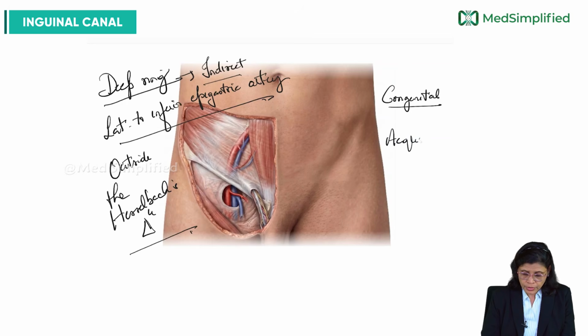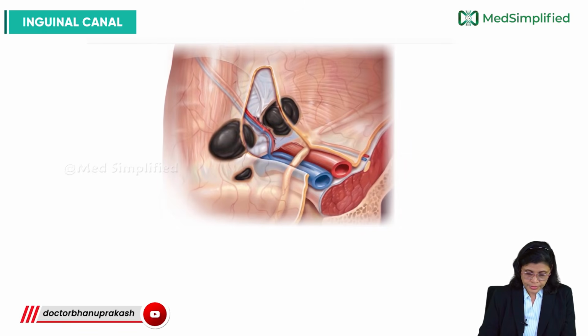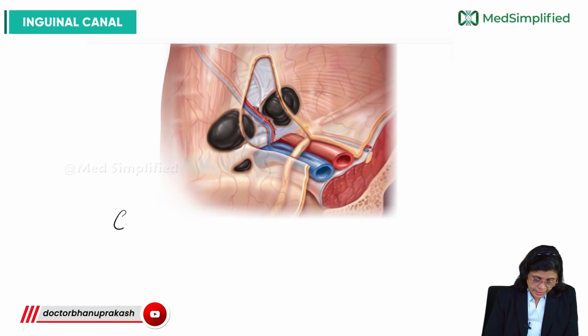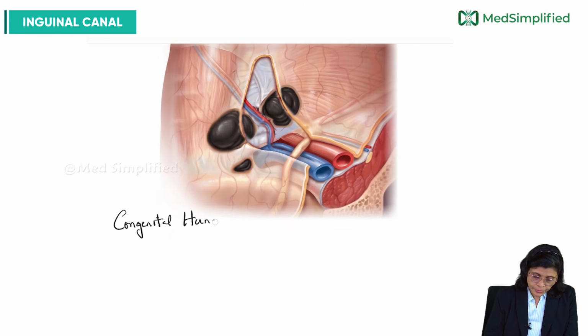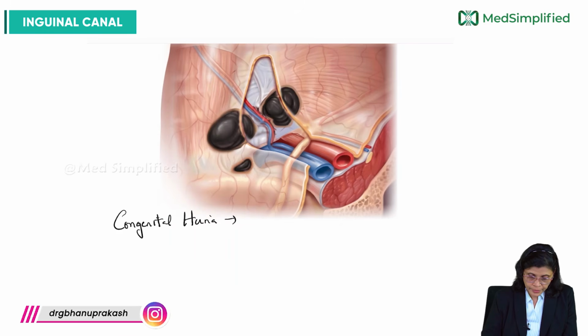The congenital hernia is mainly due to the persistence of a patent processus vaginalis.